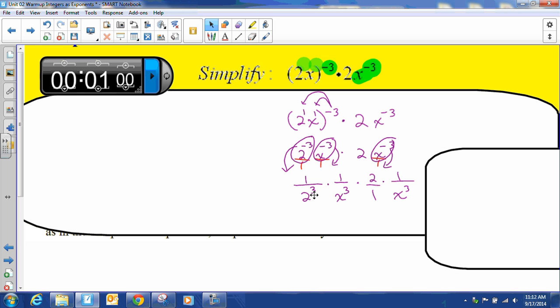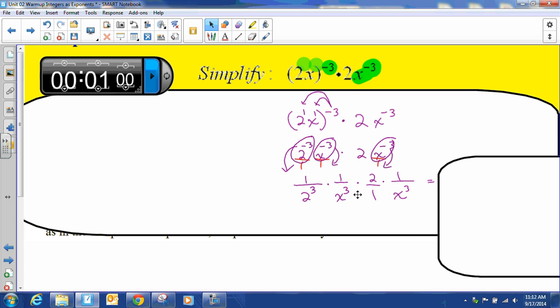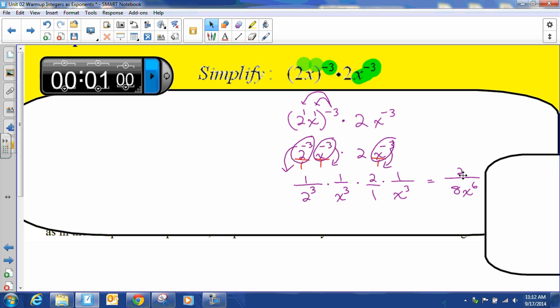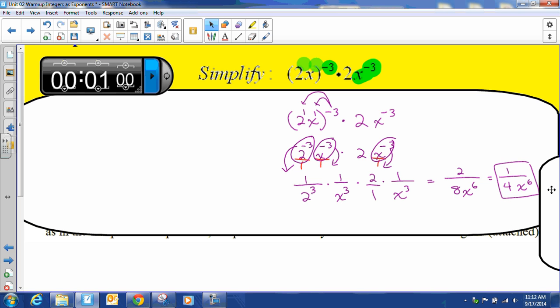It's basically 4 fractions multiplying each other. Let's multiply all the numerators together. 1 times 1 times 2 times 1 is 2. And 2 cubed, which is really 8, times x cubed is x to the 6th power, so it's 8x to the 6th power. And 2 over 8x to the 6th power is 1 over 4x to the 6th power.